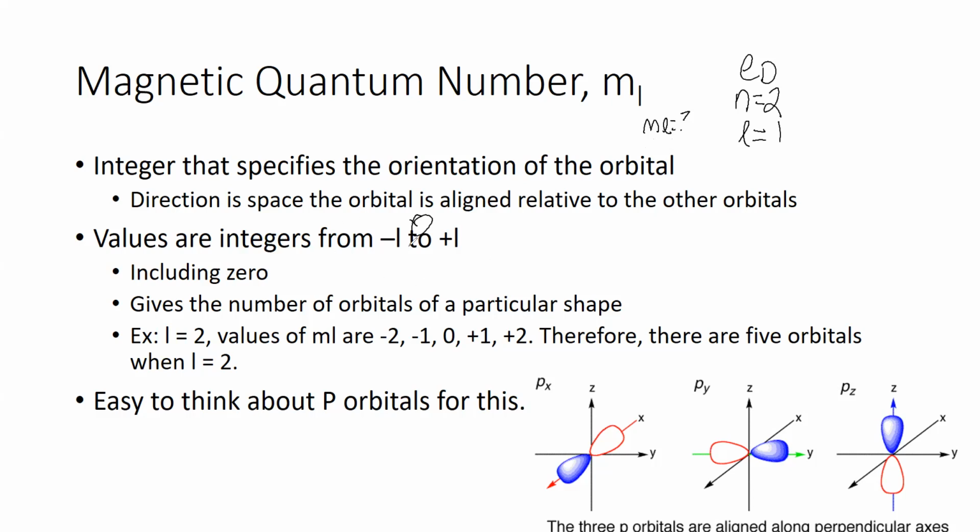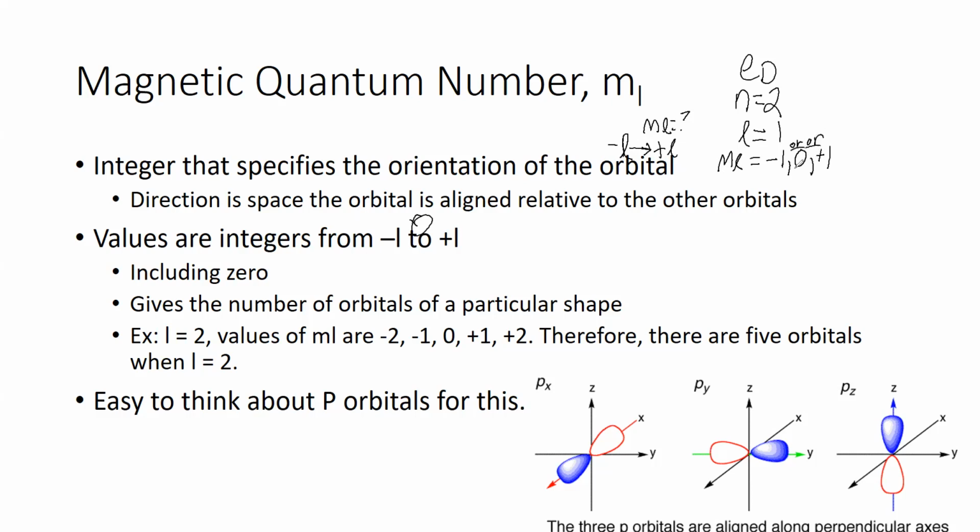And the possible values of m sub L are given here. It's minus L to positive L, including 0. So for this, your m sub L could be -1, it could be 0, or it could be +1, right?